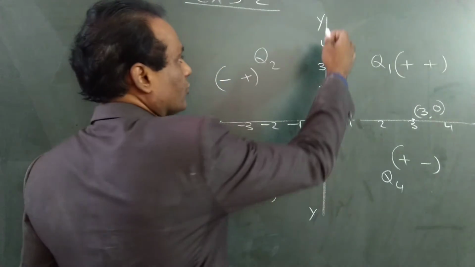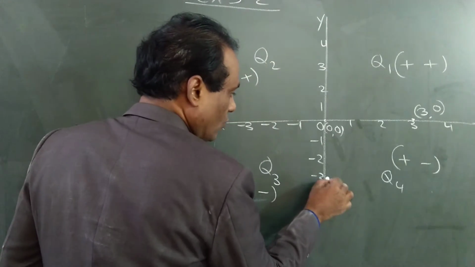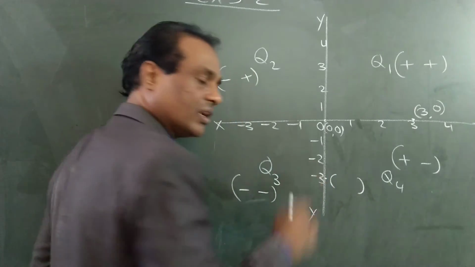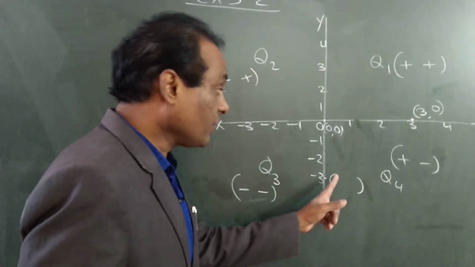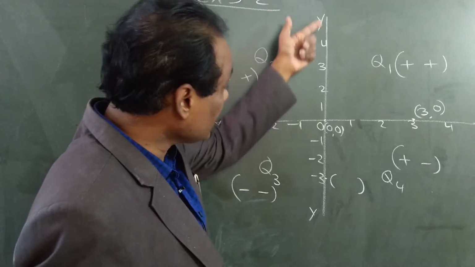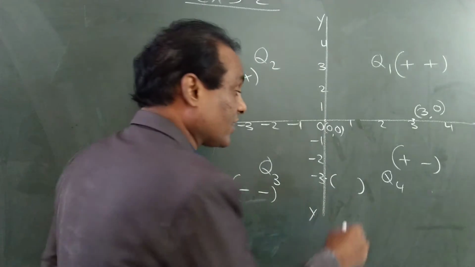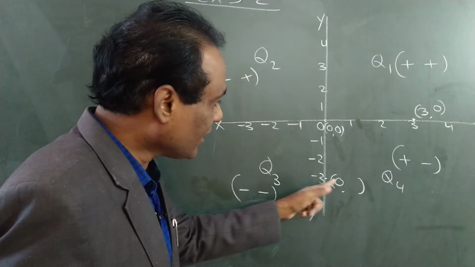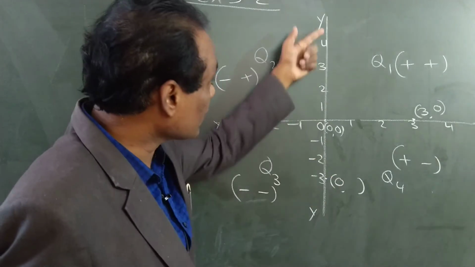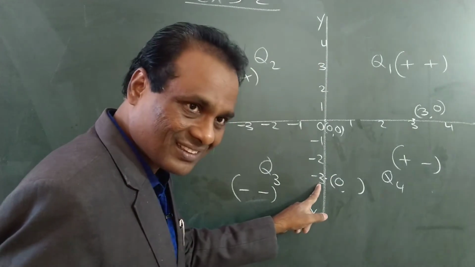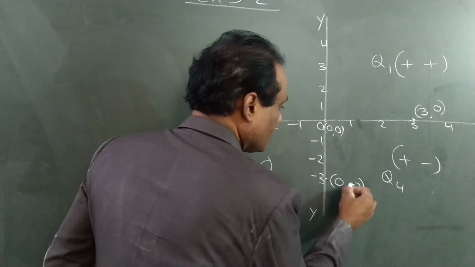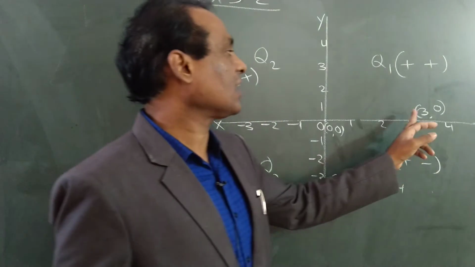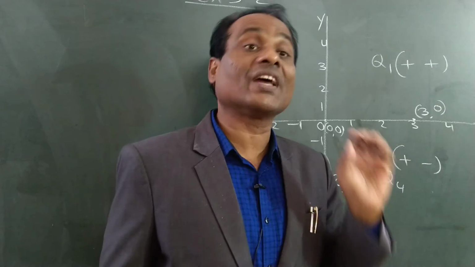Like this. Suppose on the y-axis I want this point. First we write the x value. At any point on the y-axis, the x value is 0 only. What is the y value? Minus 3. Suppose I ask (5, 0), where does it lie?